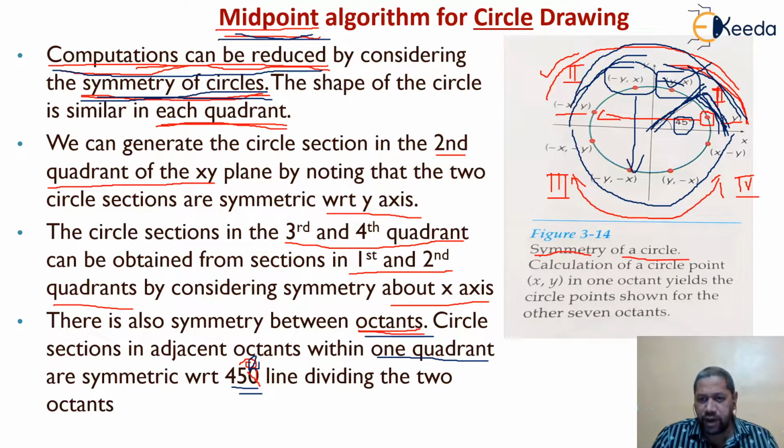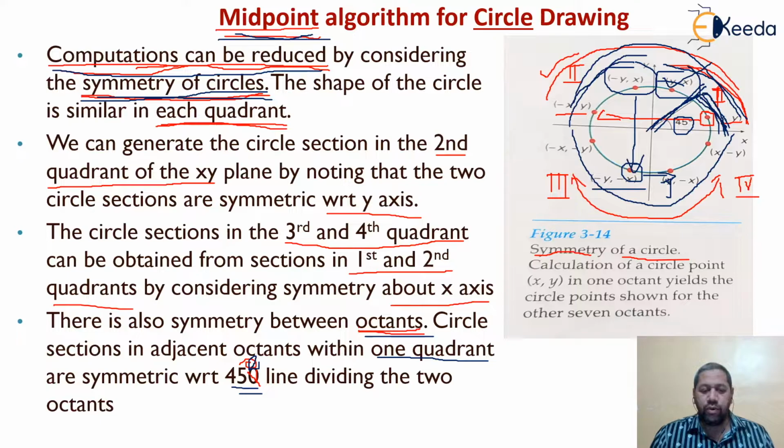This point is minus y comma x; if it is reflected, I will get minus y comma minus x. In this case y will be the same, but x is positive here and negative there. If this particular point is reflected at this side, y will be minus, and y will be positive in this particular case, so y and minus x. Similarly, I will get all these points, so I will get all the points on my octant.